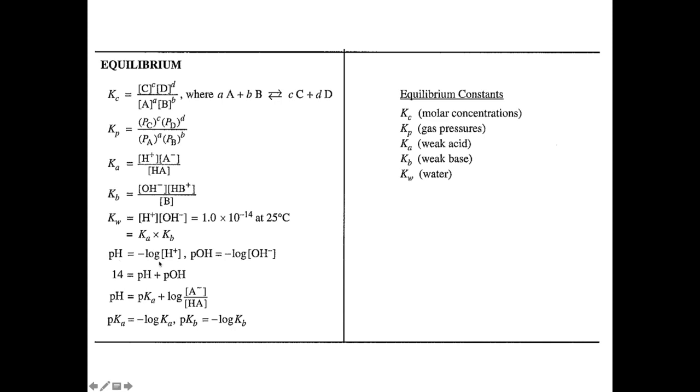It tells you how to find pH and how to find pOH. This is the Henderson-Hasselbalch equation that we'll cover later on. And this one talks about pKa and how to go from Ka to pKa or pKb from Kb. So you can see almost everything that I would ask you to know and memorize is provided on the given sheet.